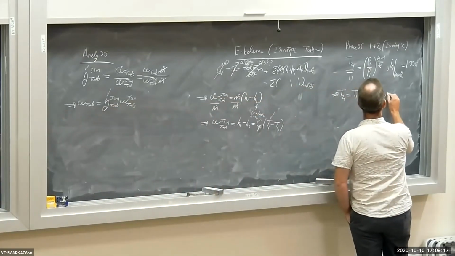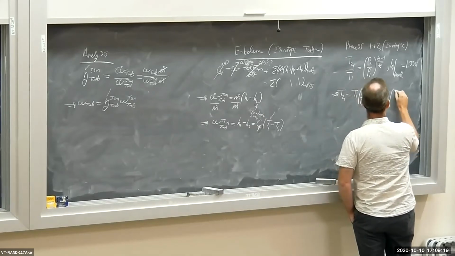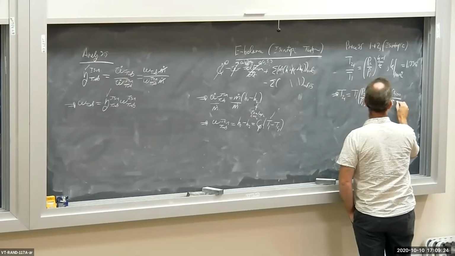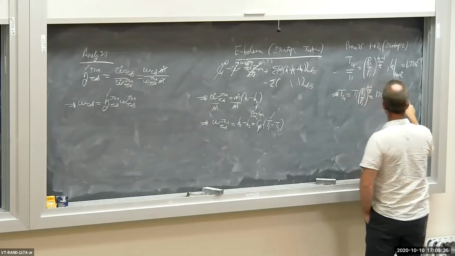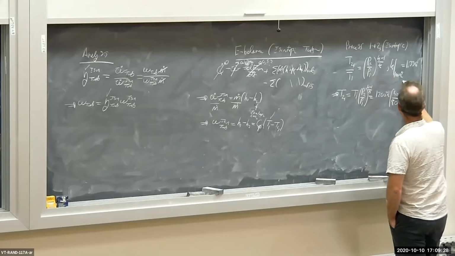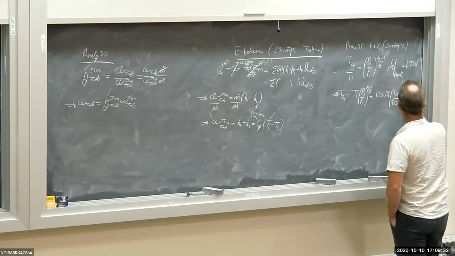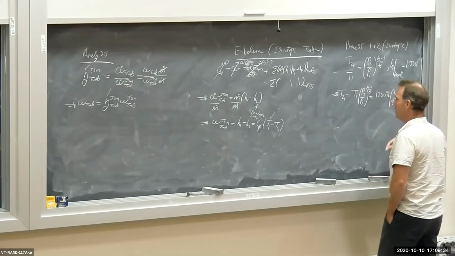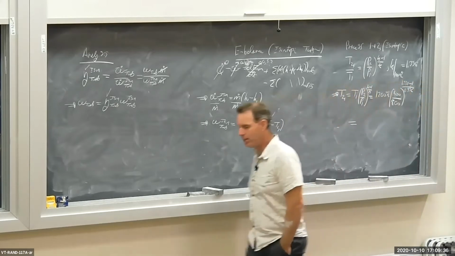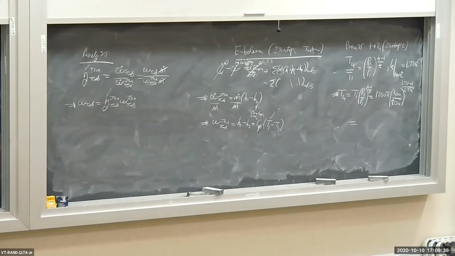So P2 is 400 and P1 is 800 kPa. The units cancel out. Then I have 1.336 minus 1 divided by 1.336. And I find T2 sub S is 1,008 degrees Kelvin.